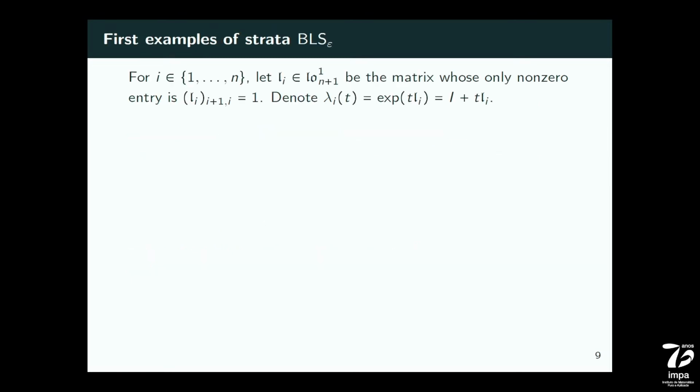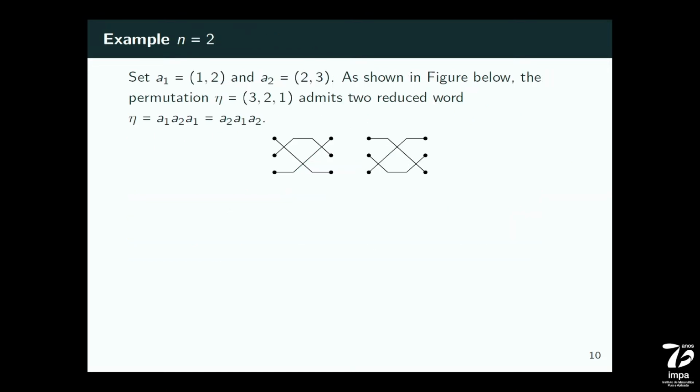Very good. So let's come back to this easy example that you already saw, and we are just exploring the stratification. We have 2 reduced words, A1 A2 A1 and A2 A1 A2, for a permutation eta, and we fix for the stratification the first reduced word.